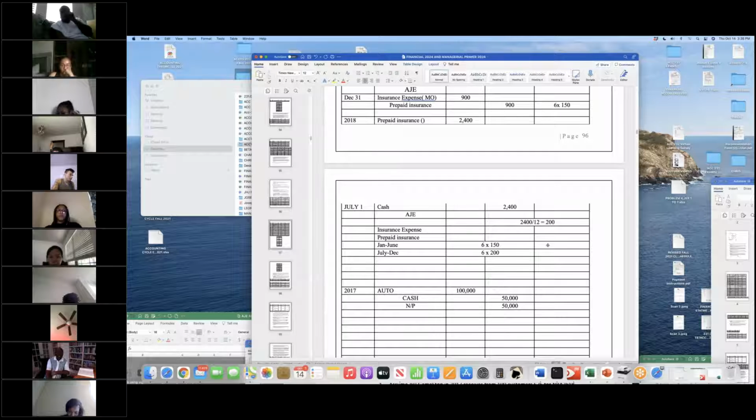So 6 times 150 is 900, but 6 times 200 is 1200. And so we have to add these two together.